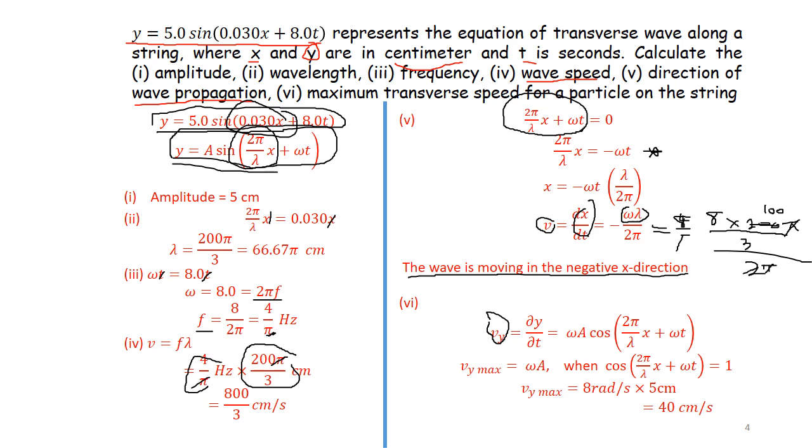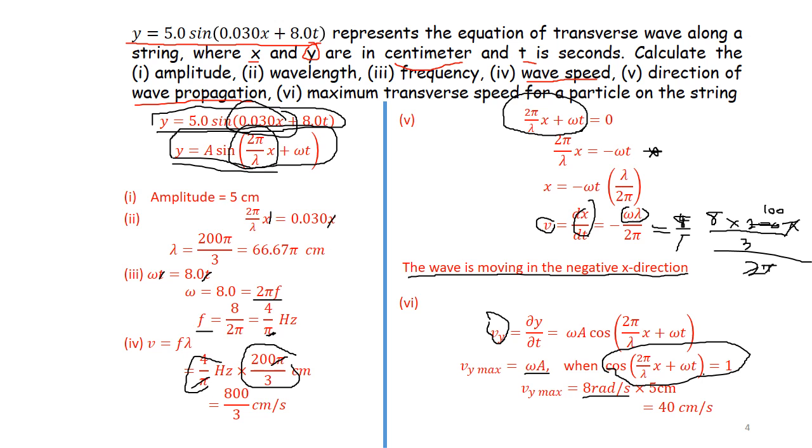Then the maximum speed is obtained when the cos of your phase angle is equal to 1. So when the cosine of the phase angle is equal to 1, then you have your maximum speed. In that case, we just work with a omega, and we know our omega already, the angular frequency, which is 8.